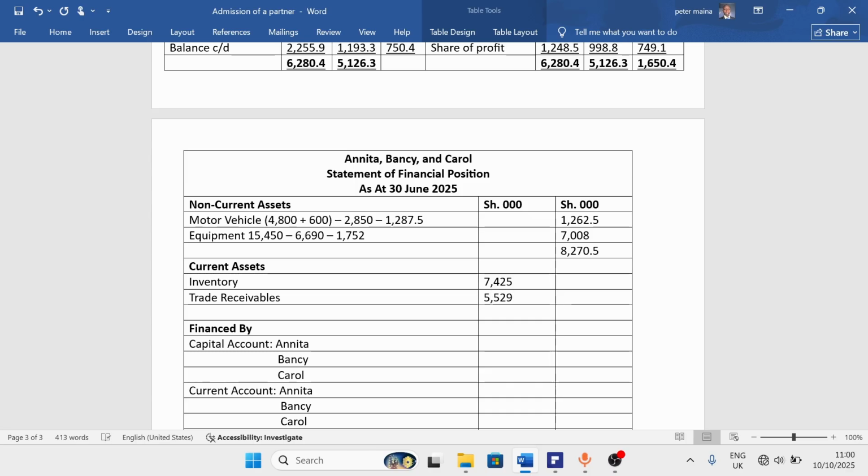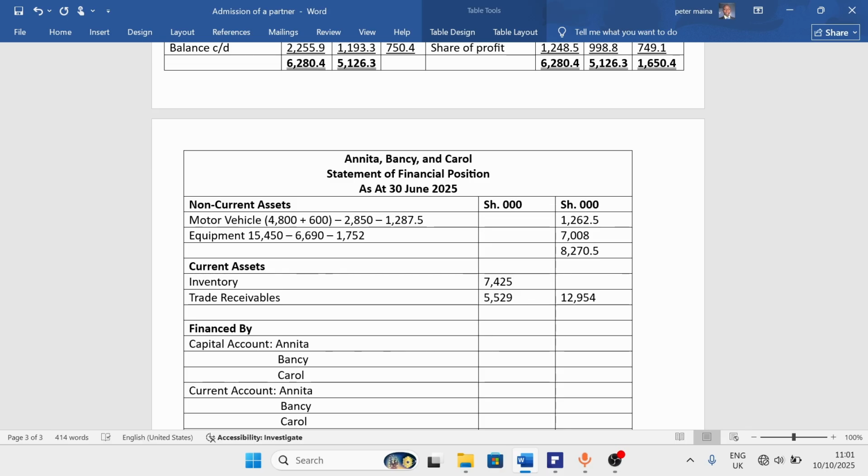So now we want to add the two current assets. So 74.25 plus 55.29. So the amount we are getting is 12,954. Yeah, 12,954. And then we want to combine the total for current assets with the total for non-current assets.